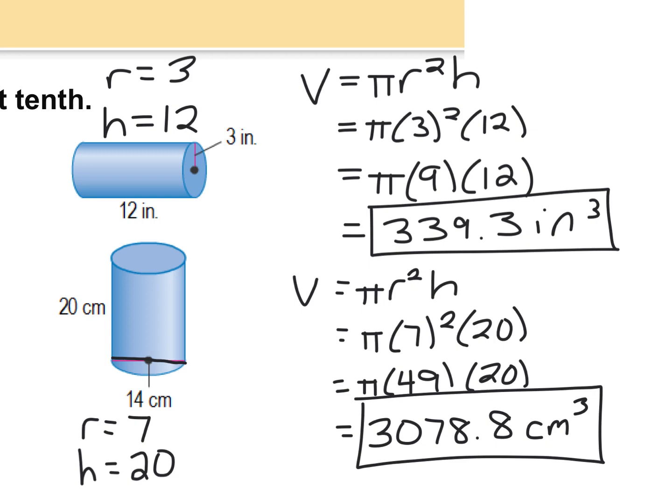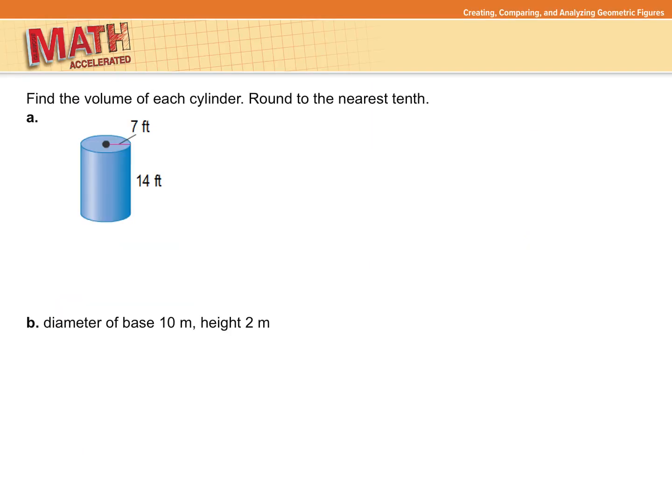Okay. Go try that last one. Only do A. So again, with volume of cylinders, what are the 2 different parts that we want to know? What does R stand for? Radius and then the height. What's the radius? 7. What's the height? 14. Now we plug it in.